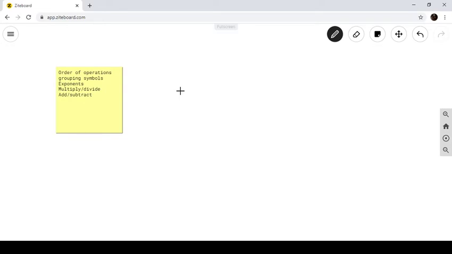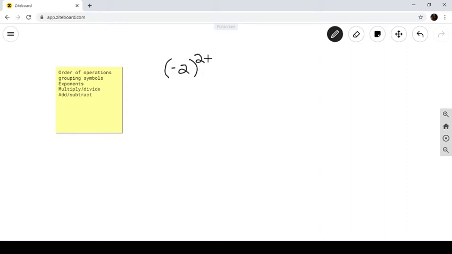So, something I want to reiterate from last time, at least I think I went over this last time, is how powers work with parentheses. Okay, so if we have parentheses, -2 in the parentheses, and then squared.